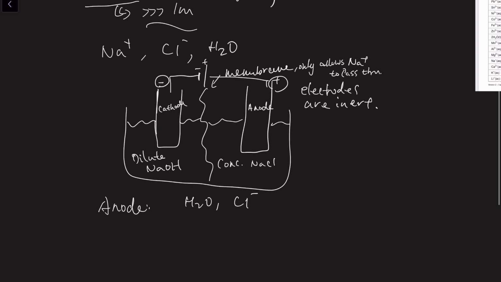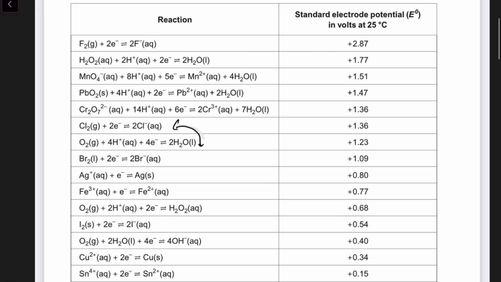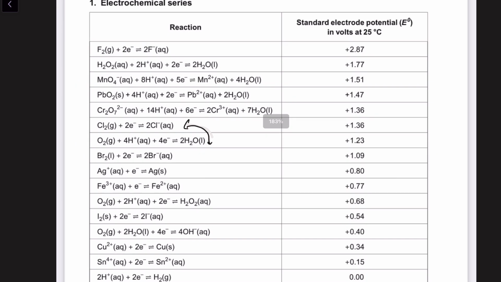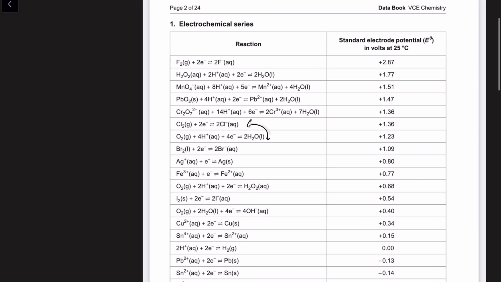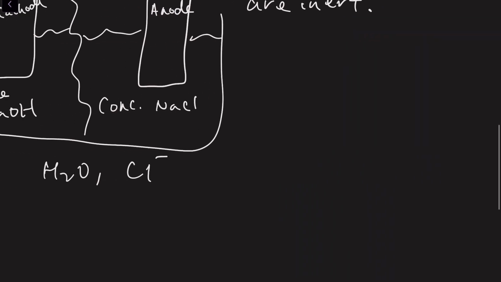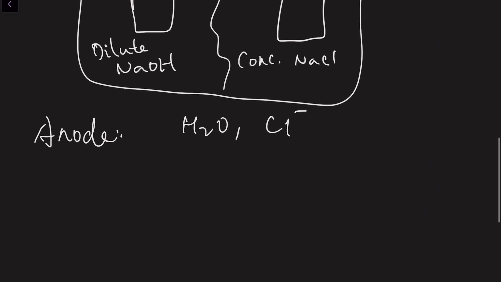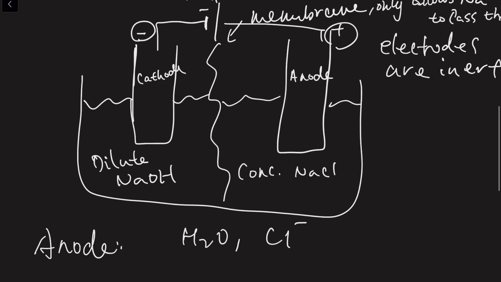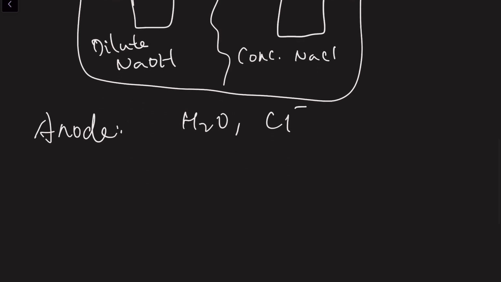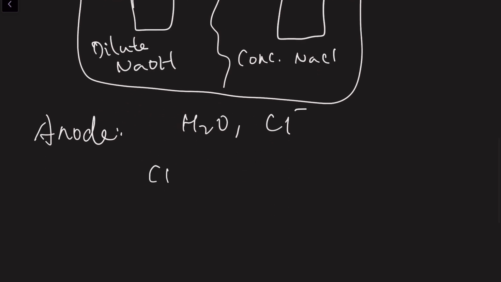And because from the electrochemical series, we know that if we have concentrated NaCl, then they are actually going to swap order. So instead of water being oxidized, the chloride ion will be oxidized preferentially, since we are not doing this electrolysis under standard condition.